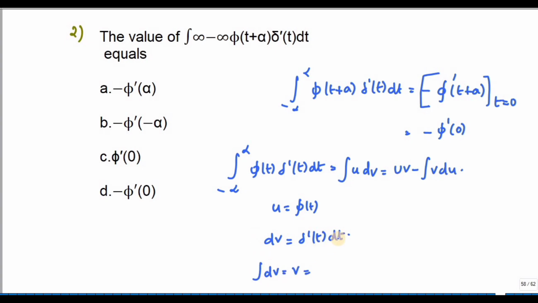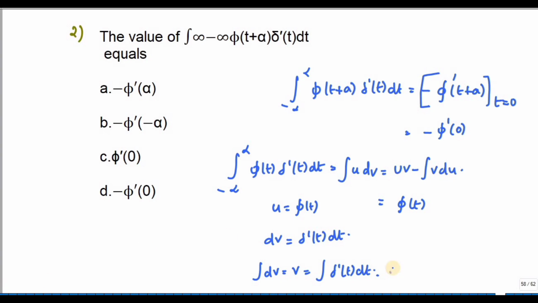So the u value is theta t and the v value is the integral of delta dash of t dt.